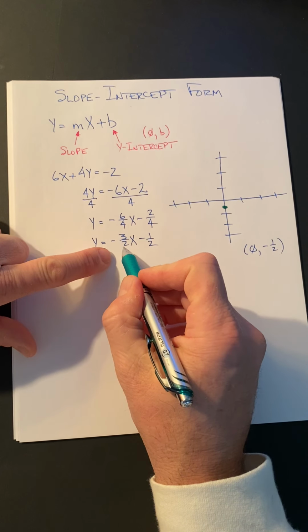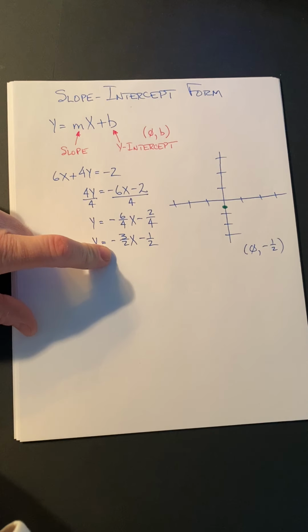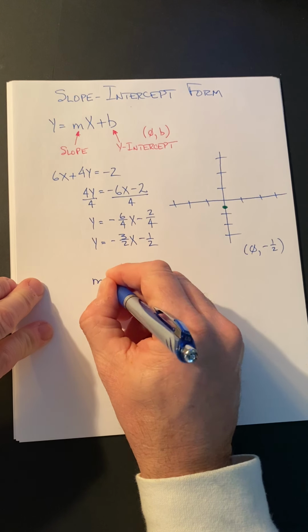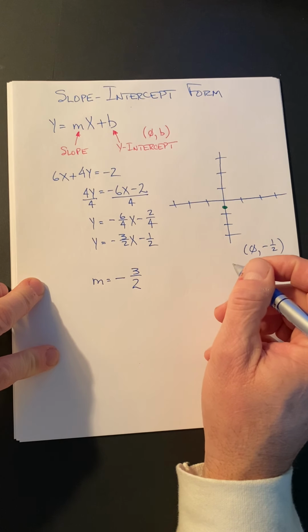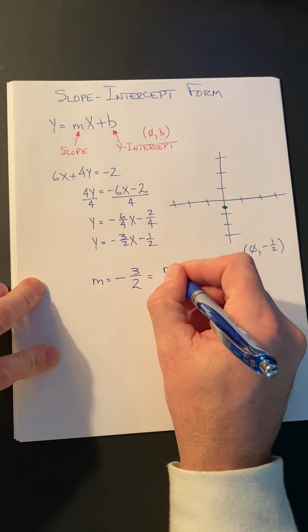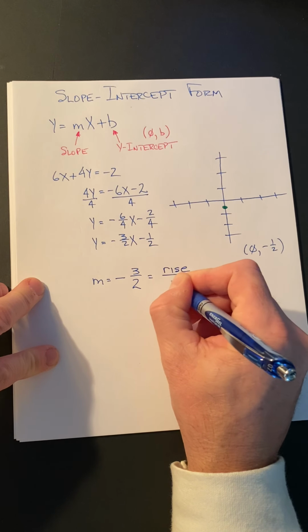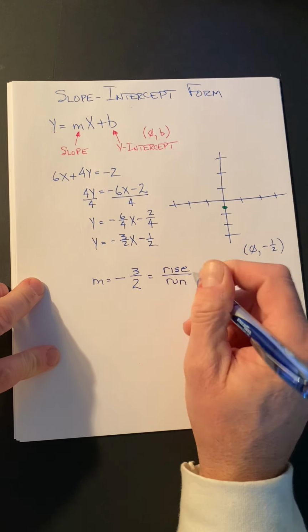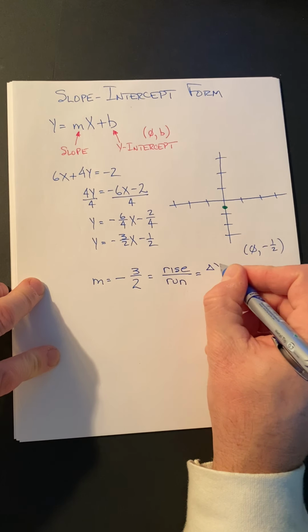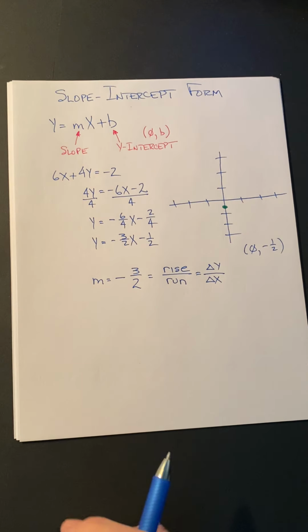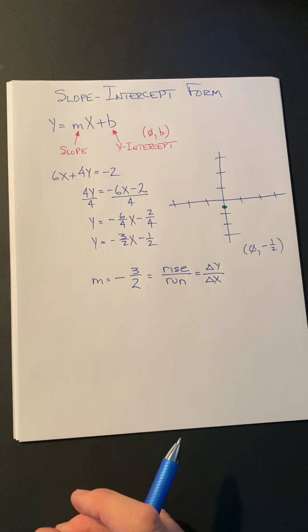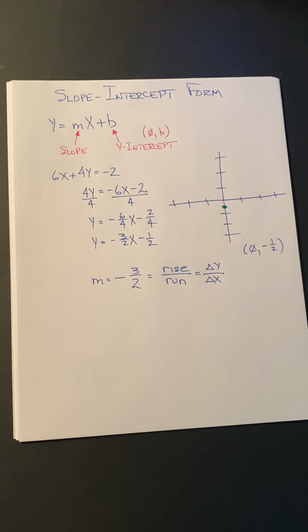Now, here's my slope, right? So m in this case is equal to minus 3/2. All right? Well, remember, that's rise over run. That change in y over the change in x. Two of my favorite words in all of math, rise over run, because it has such a powerful meaning when we're doing algebra, okay?